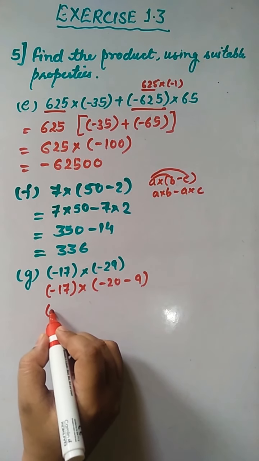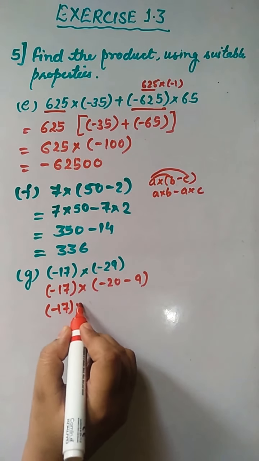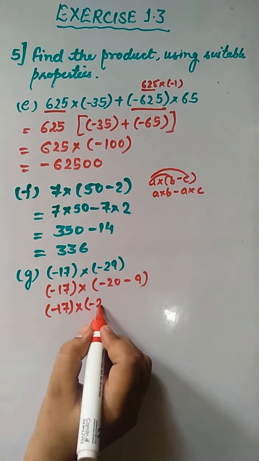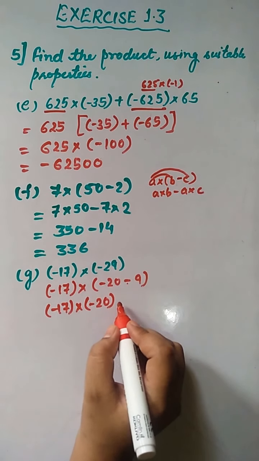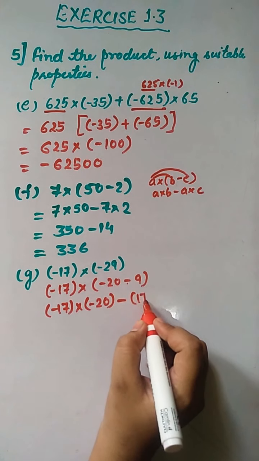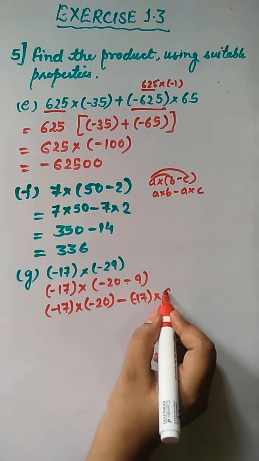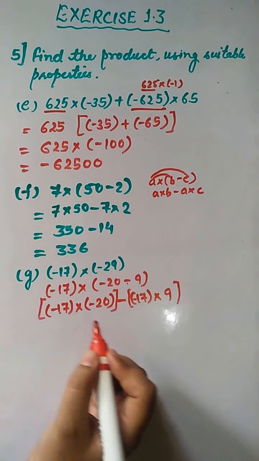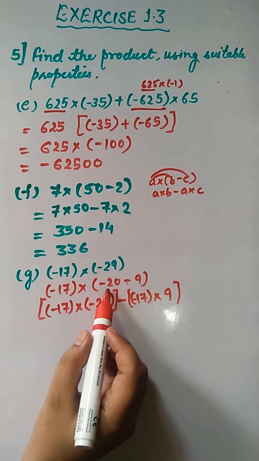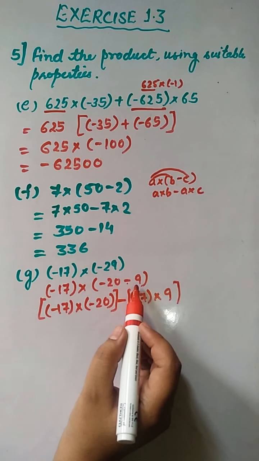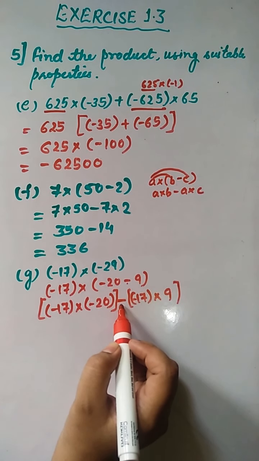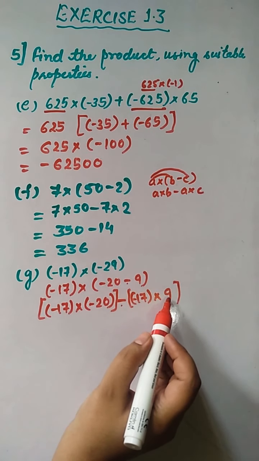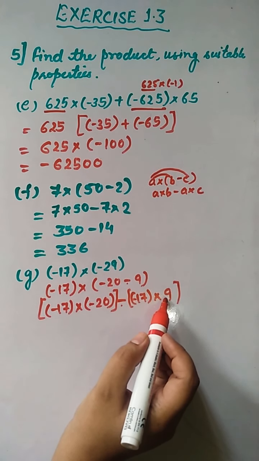Again we can apply distributive property, minus 17 into minus 20, then this minus sign, minus 17 into 9. This is the distributive property. First we are multiplying with 20, second we are multiplying with 9. This minus sign, because I am writing here only, that is why I have not written along with the 9.